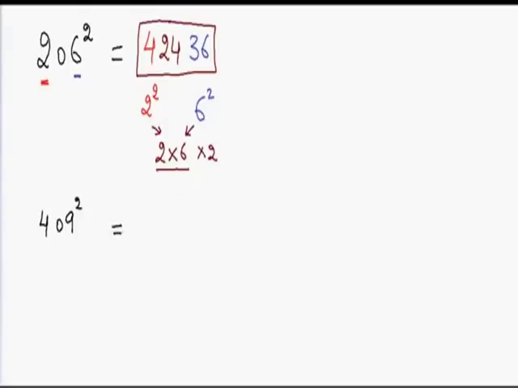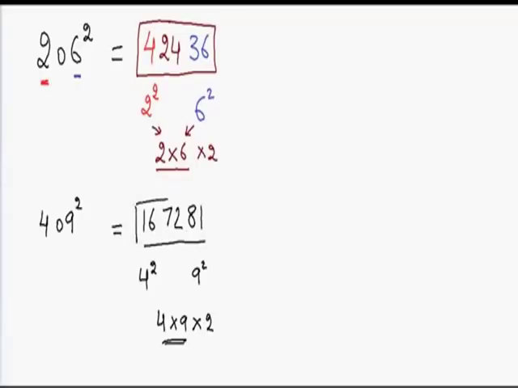In that case, 4 square is equal to 16, 9 square is equal to 81, and 4 into 9 into 2, so 9 into 8, that is 72. So the answer is 167281. So that's our answer.